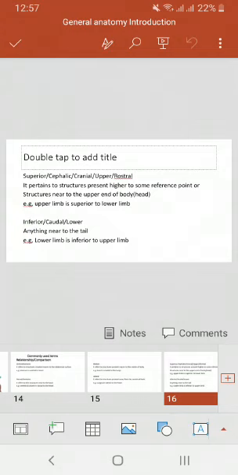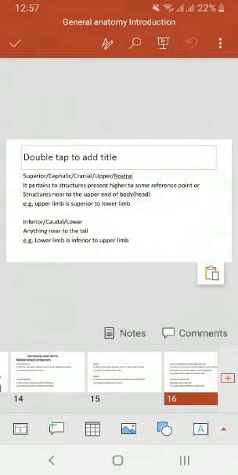For example, the upper limb is superior to the lower limb. Then there is inferior, or caudal, or lower. Anything nearer to the tail or nearer to the foot end of the body is inferior, caudal or lower. The lower limb is inferior to the upper limb. Then there is proximal and distal.